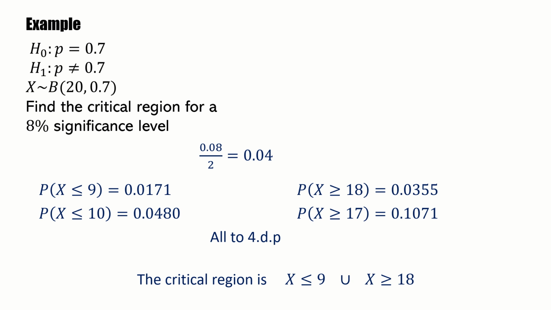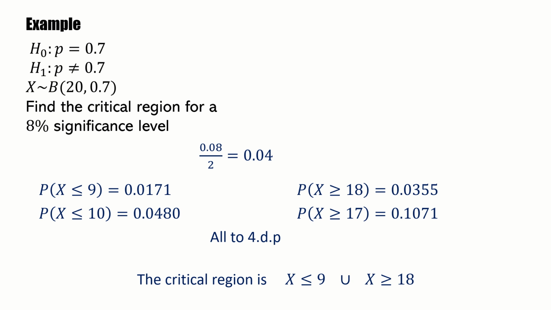So the answer is the critical region is X less than or equal to 9, union X greater than or equal to 18. You can also put a comma between them, union of course being the symbol we used in set notation, so just being consistent with things we said earlier in the course.